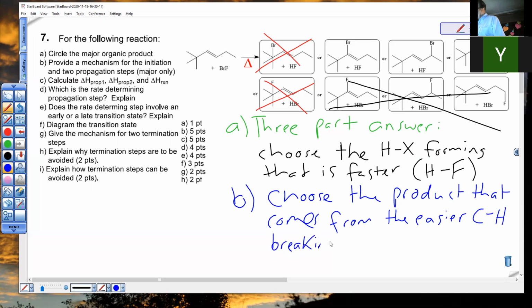Now remember, you're breaking it. I want the one that has the lowest positive number. Breaking's always positive. You can't get around that. The CH that has the lowest positive number.